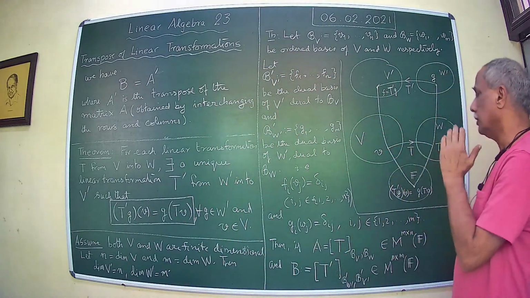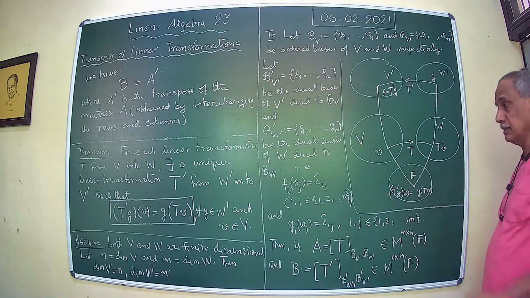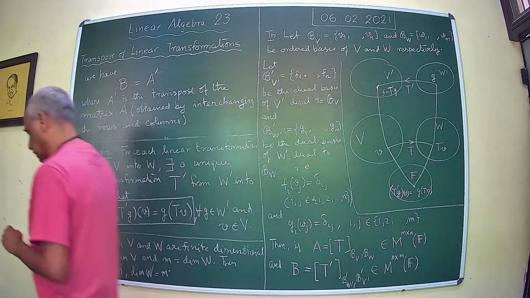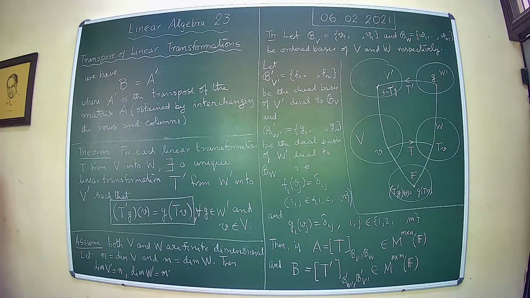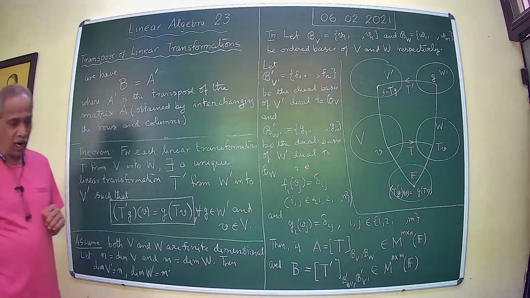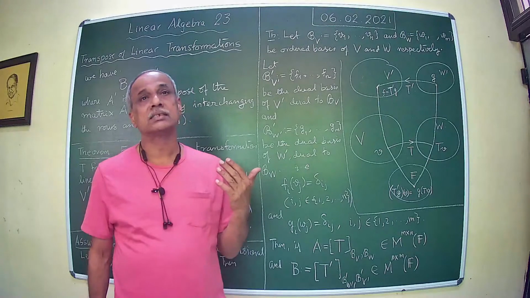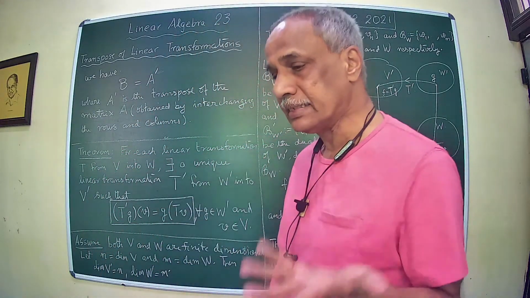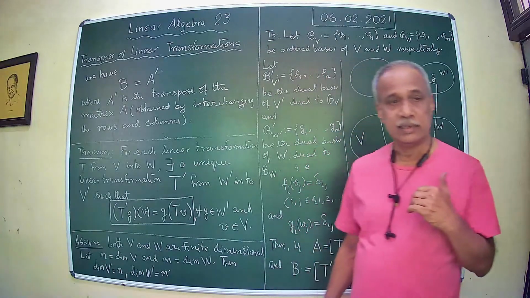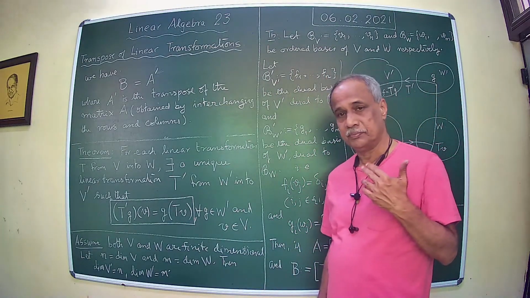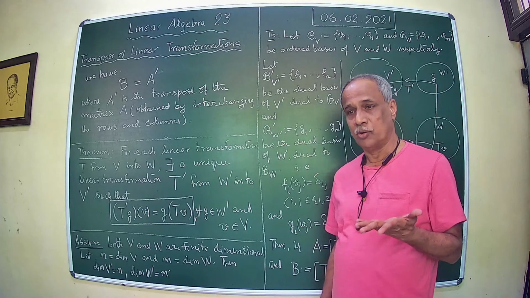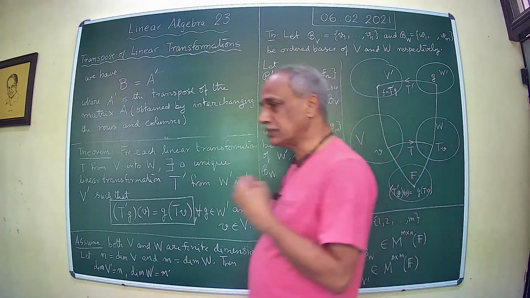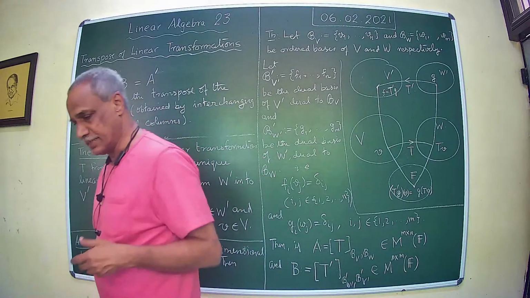Now what we propose to look at some more properties of the T prime and T, how these spaces and their ranges, their domains, their null spaces, all these are interrelated.